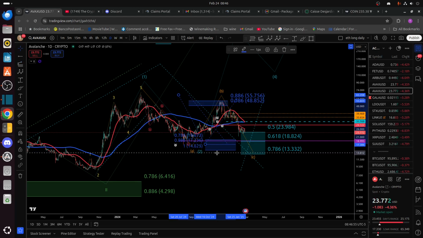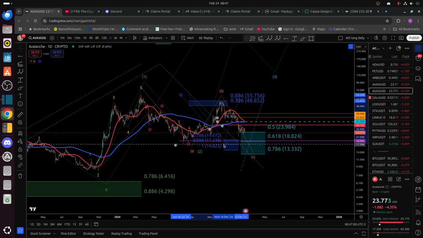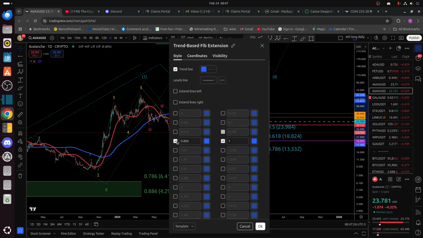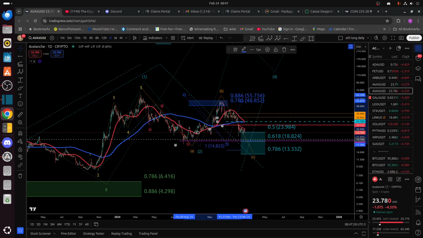Try to be the most accurate I can. Actually, let me move it around a little bit. Okay, so since we already reached those two levels, the 1-to-1 ratio of $14.825, and then the 0.786 at $13.33, I honestly feel like taking off those two now, because we already previously reached them in the A wave.